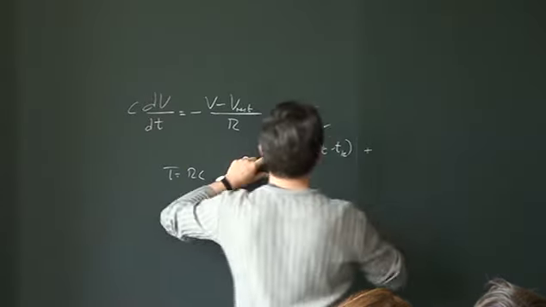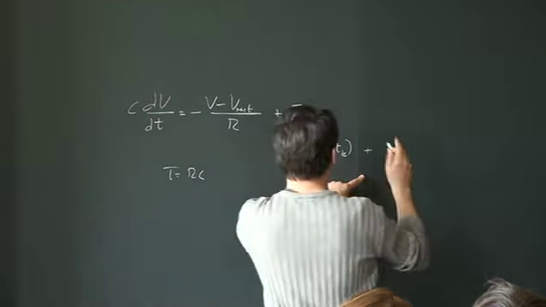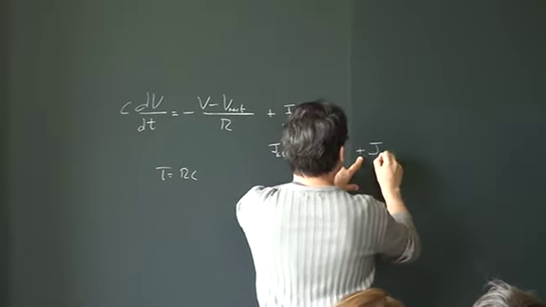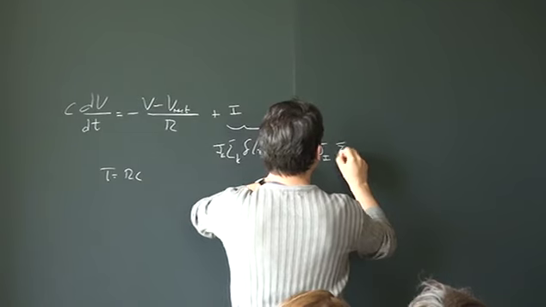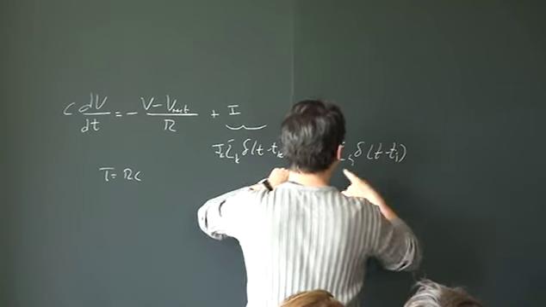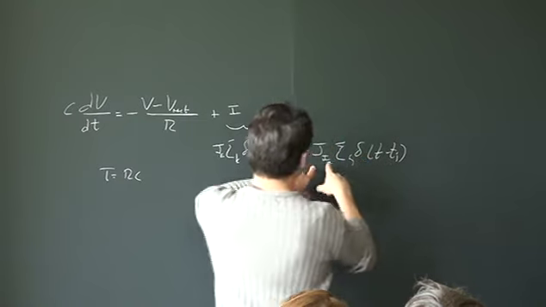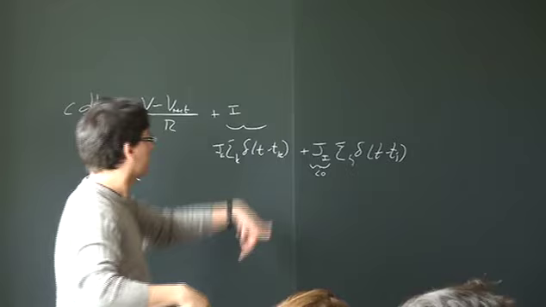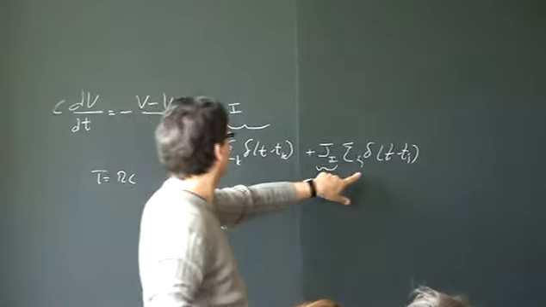In that particular case, you also have an inhibitory spike train, so you would have plus J_I, sum over spikes, delta spike train here, and this is negative, so it gives a negative contribution.